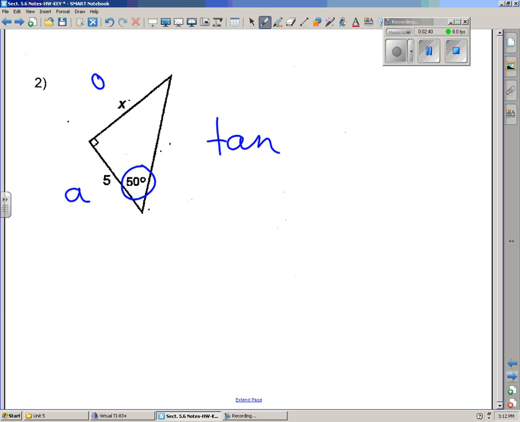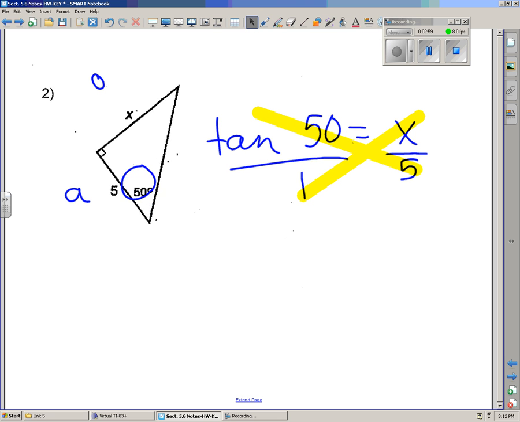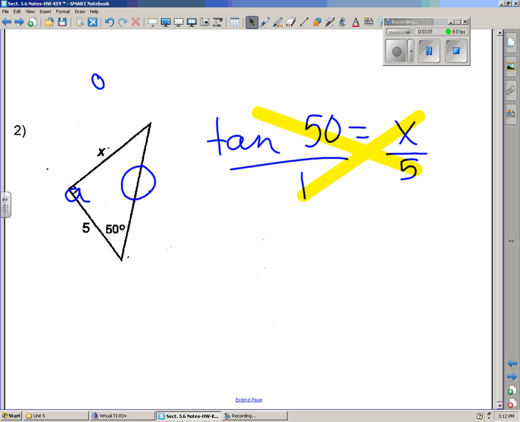So the tangent of 50 equals opposite over adjacent. Again, make yourself a proportion. And when you go to cross multiply, you're then going to get x equals, let's try that again.